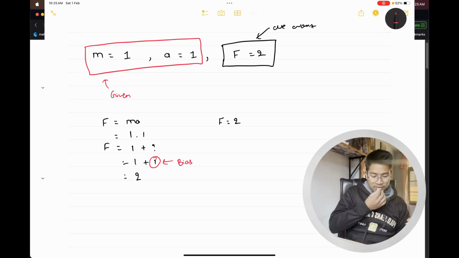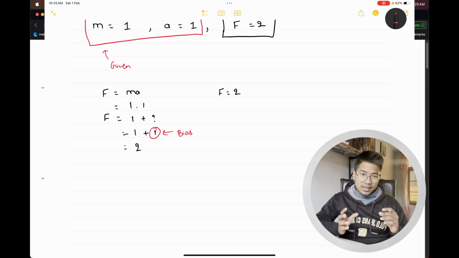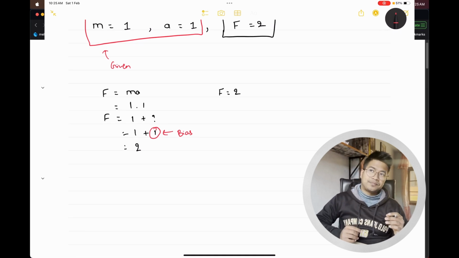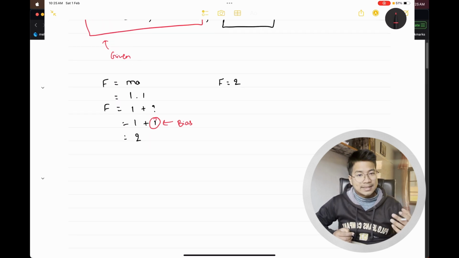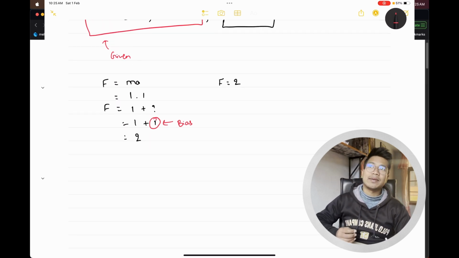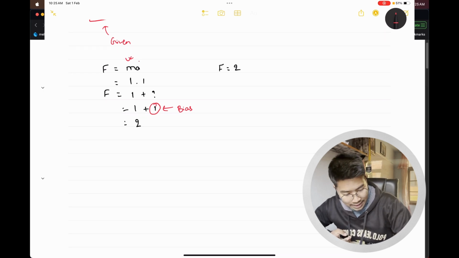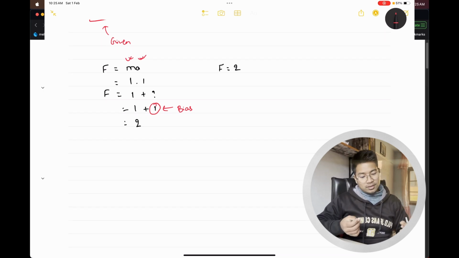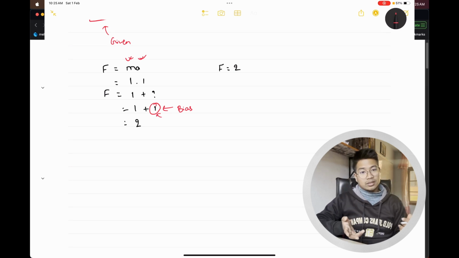So let's try to understand what that is. You can think of this as a force that is added. This can be added maybe due to gravity. You have your m is this and a is something, and then due to gravity there is an additional 1 that will make your force 2.